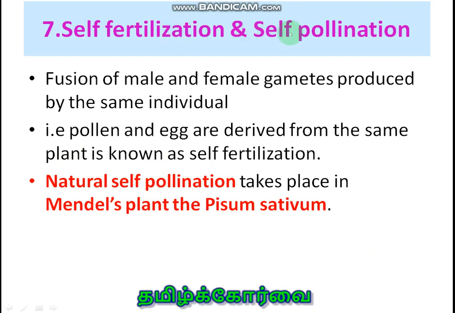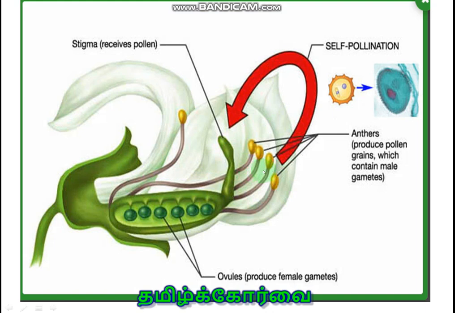Self-fertilization and self-pollination, right? Here, the pollen grains are transferred from a flower to the stigma of the same flower. Then it is called self-pollination. When the male gametes are fusing with the ovule, then it is called self-fertilization, right?